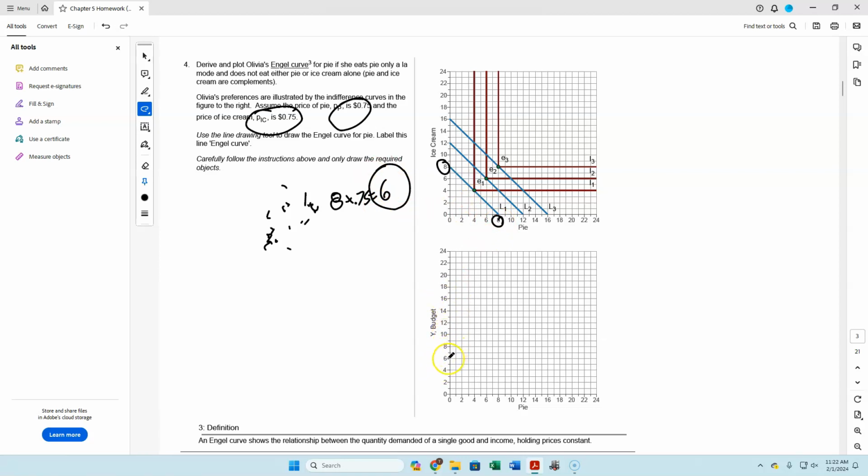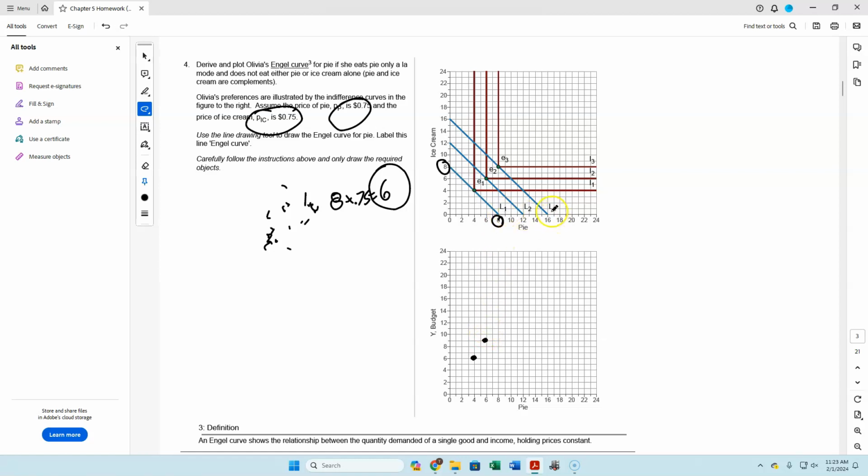So if my income is 6, four pies. Now 12 times 0.75. So now at a budget of 9, I am at 6.